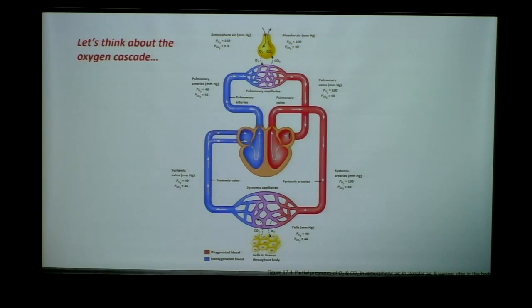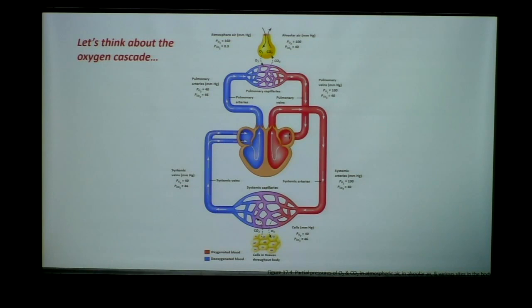So at the level of the capillaries, the partial pressure of oxygen has dropped to 40 millimeters of mercury. And so we have a gradient, right? We've got a gradient from 160 out in the atmosphere all the way down to 40 at the level of the tissues. And so this gradient is the driving force that moves oxygen into our cells and eventually even into the mitochondria, right? Where oxygen is used as that final electron acceptor.